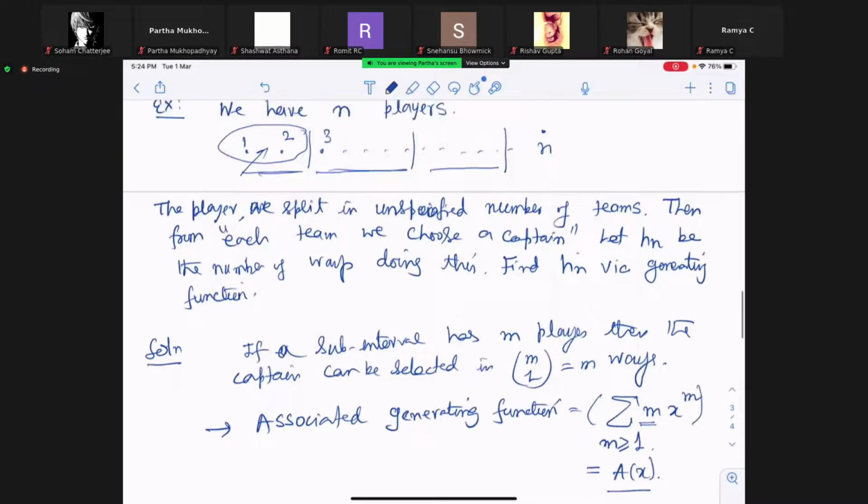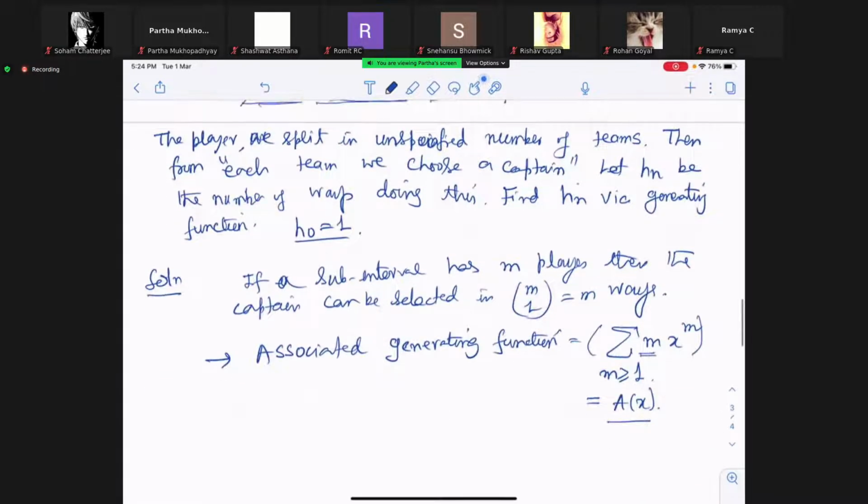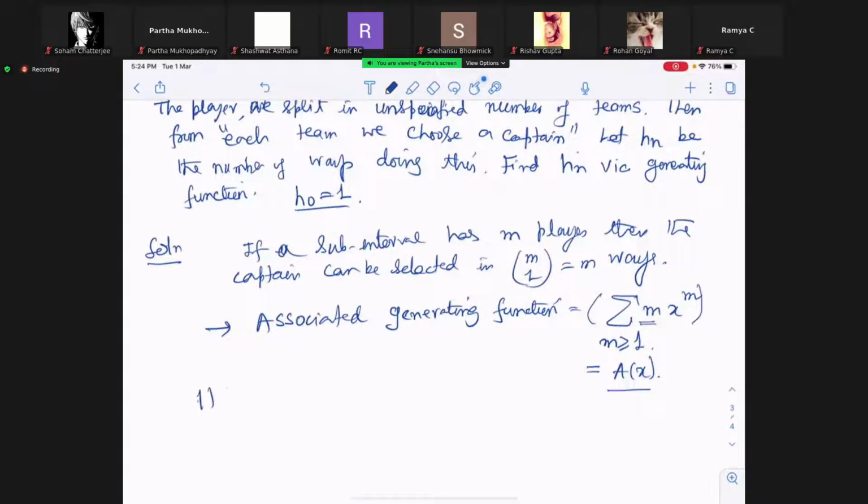Right? And this initial condition, this vacuous condition, is given like h0 equal to 1. When there is no player, there is only one way to do it. So vacuous condition. So that means hx is 1 by 1 minus x, using the formula that we just mentioned, right?